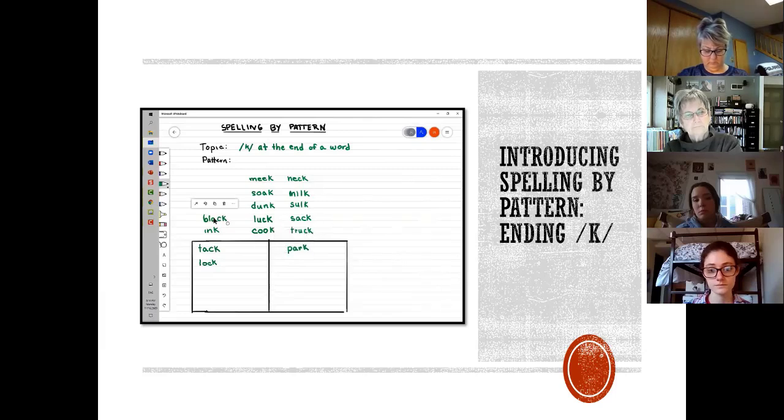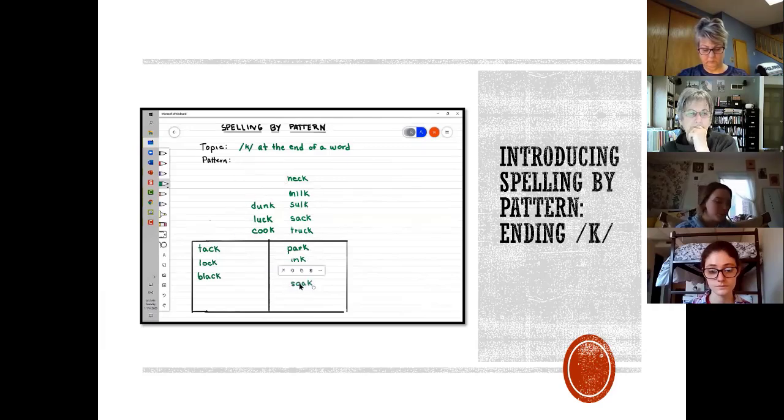They continue because black, the K ends with CK, they put it there. Ink goes there. Meek goes in the second one. Soak in the one on the right. Dunk. Luck ends in CK, so it goes on the left.